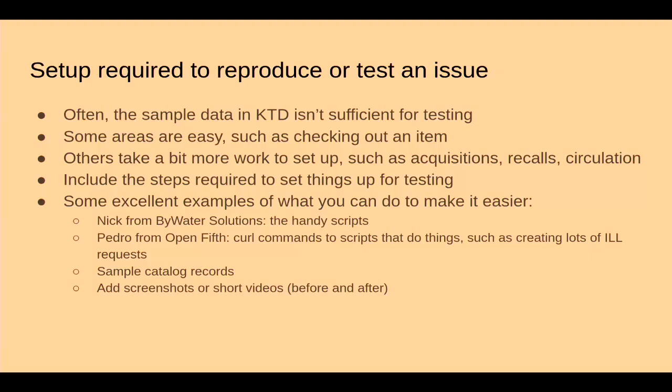And if it's useful, adding some screenshots about what, this is all in the wrong place, or a short video, because sometimes a short video is easier than doing 20 steps to reproduce a really weird area where you have to hold your tongue the right way. That stuff's really helpful when you're trying to test a bug.